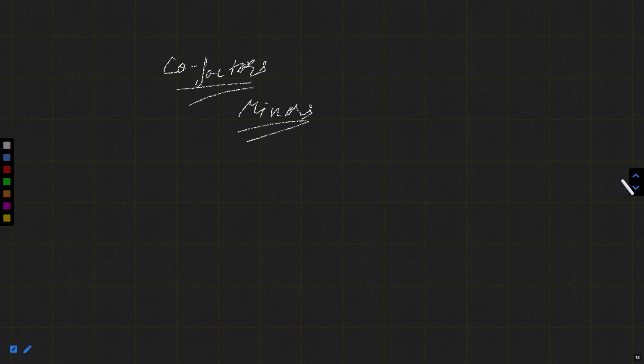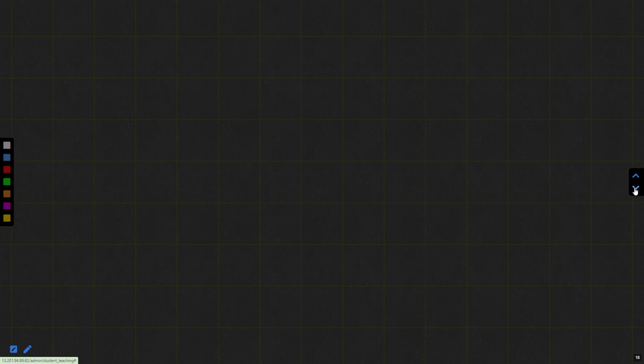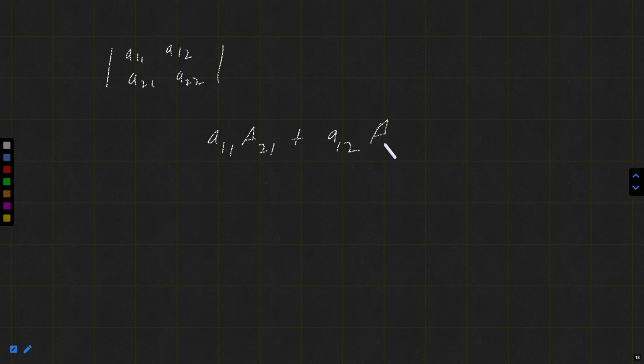As we also discussed some remarks in the previous session, suppose a11, a12, a21, a22. What if you multiply a11 with a21 and a12 with a11? Clear? So far so good.